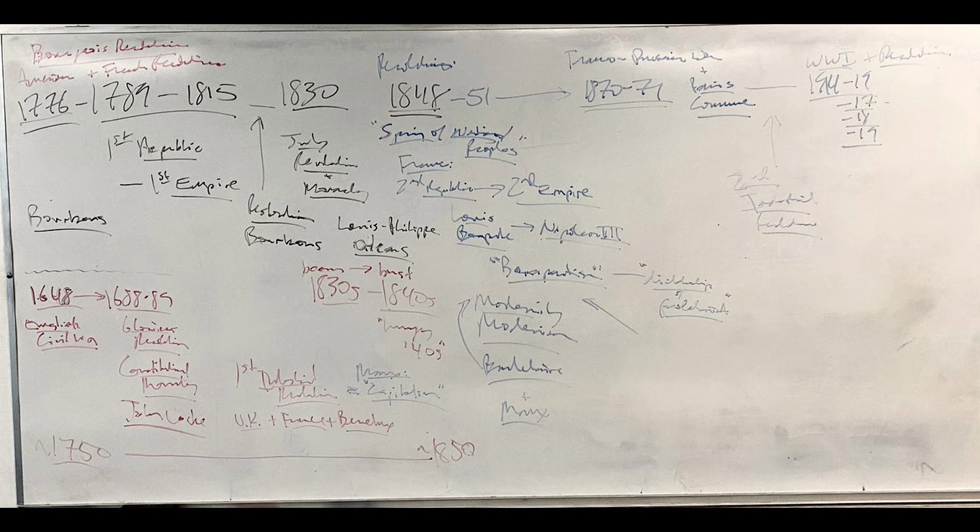Now the American Revolution is of course conducted under the claims of the rights of Englishmen. It's more than that, but it's the claims of the rights of Englishmen, meaning that the American colonists feel that they're being denied the rights established in the Glorious Revolution.